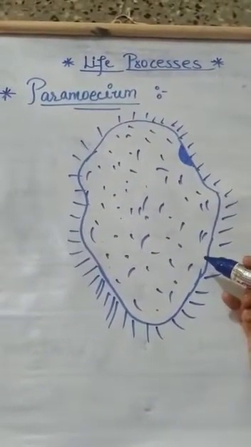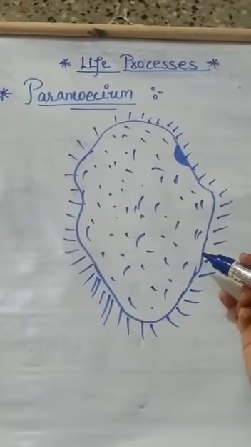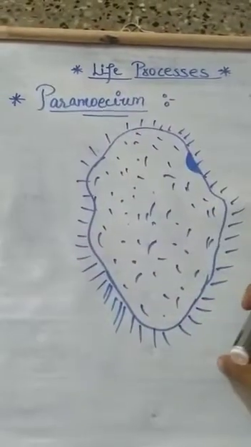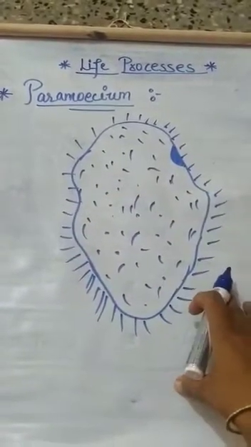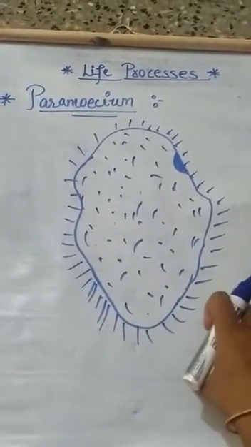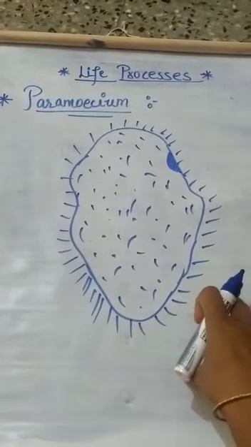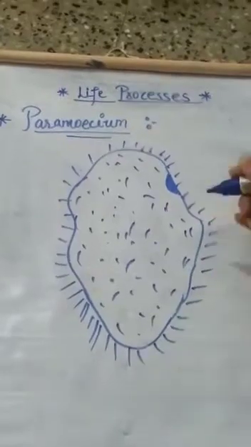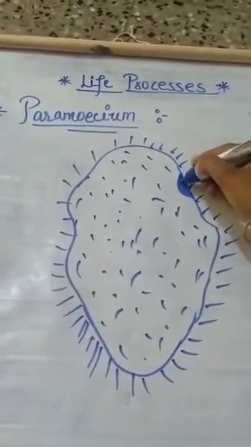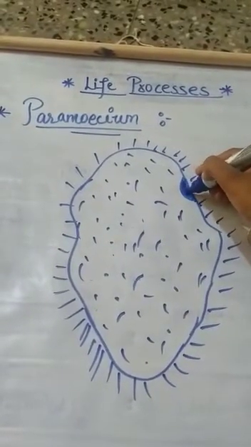So it looks like a slipper which you wear at home, isn't it? Somewhat in that manner. I have tried to draw in that manner. So if you can see, it looks like a slipper. So that is why it is also called slipper animalcule. So here if you see, it has a special groove.